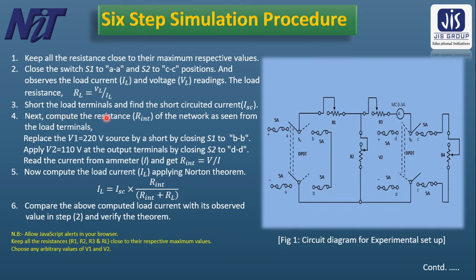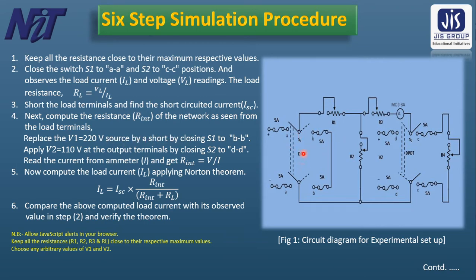Next, compute the resistance R internal of the network as seen from the load terminals by replacing the V1 220 volt source with a short circuit.